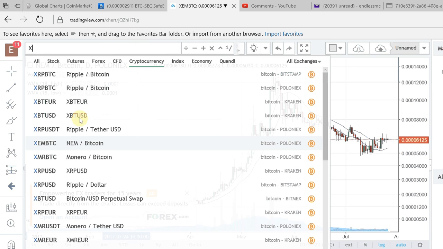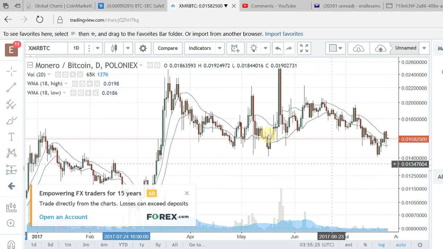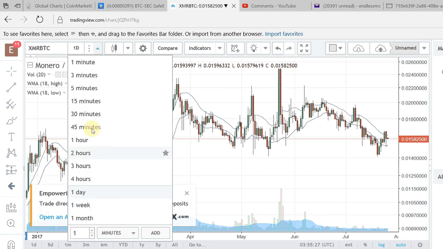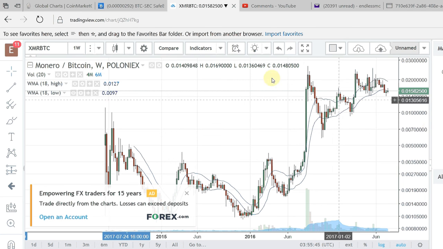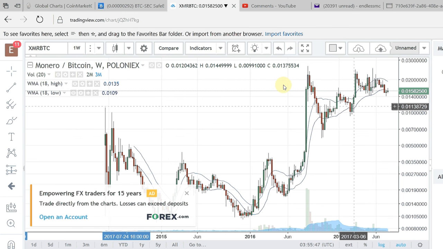Monero, that's an interesting one because it's got some of these wild moves. But when you look at this on a longer-term basis, I think you want to play it on the long-term time frame, because quite frankly, so many of these coins are scary as anything. Why do we have a whole whack of these altcoins?